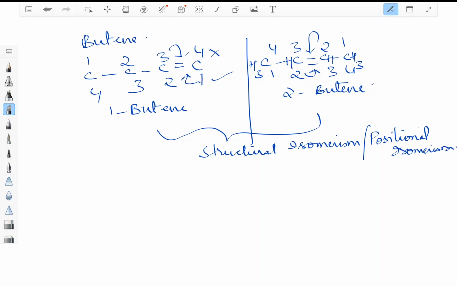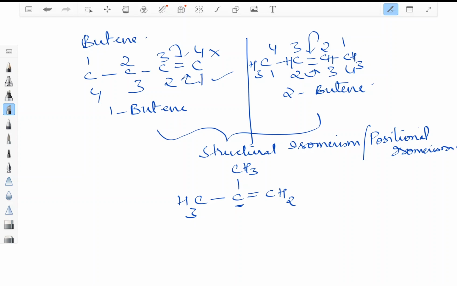We can also have one more case in butene, that is 1, 2, 3, 4. This one is CH3, C, CH2, CH3. This carbon cannot accept any hydrogen because all the valencies are satisfied.